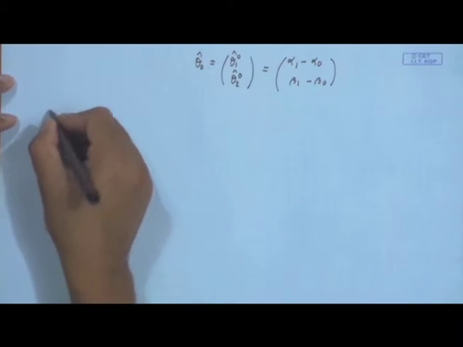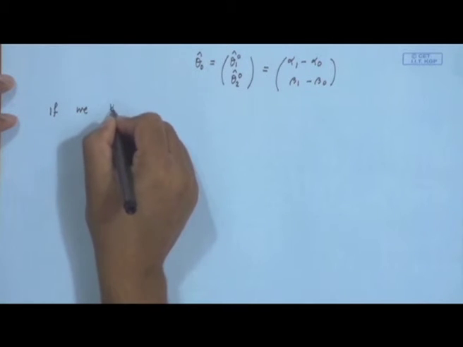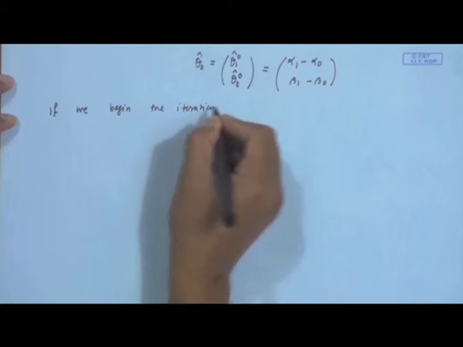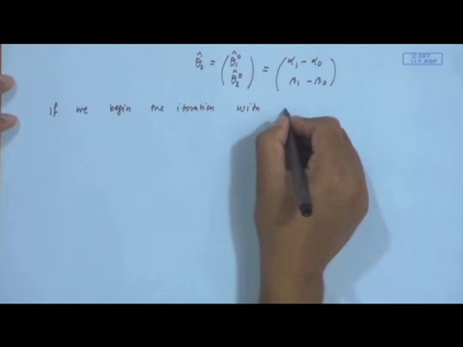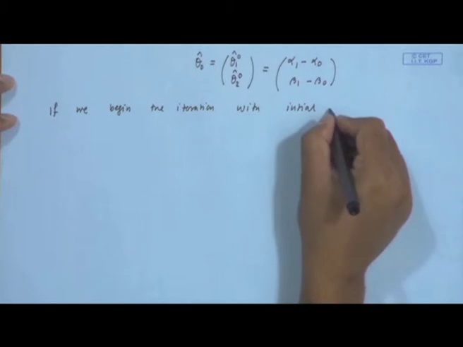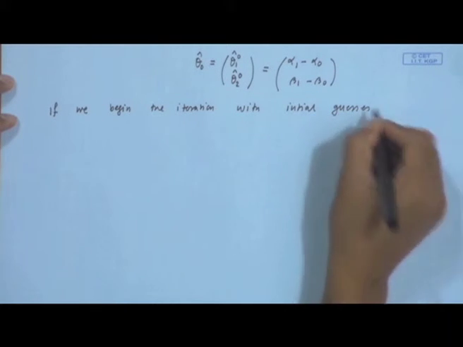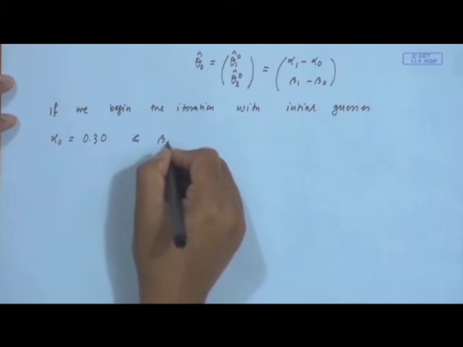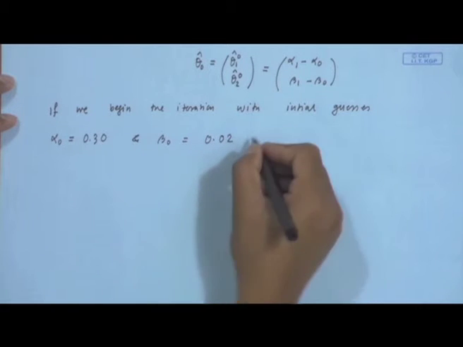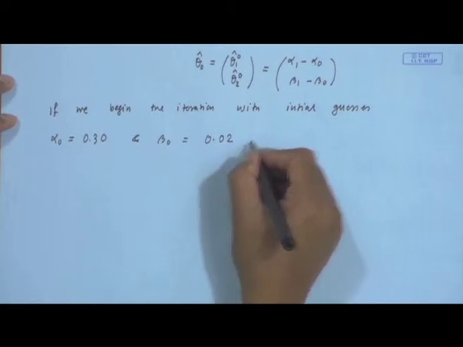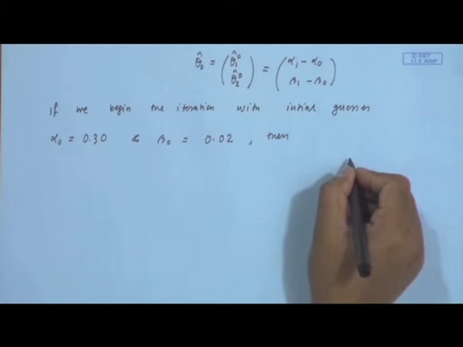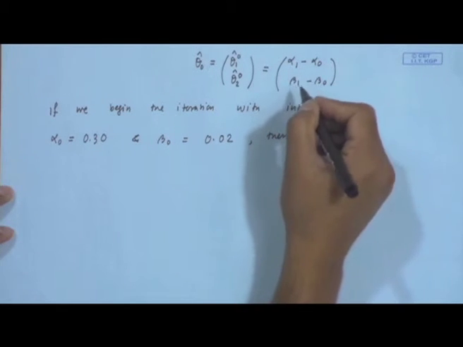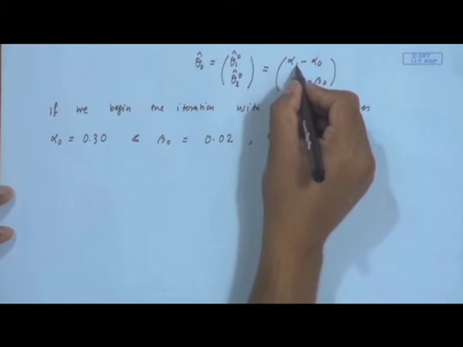Okay. So, what we do is that if we begin the iteration with initial guesses, say alpha naught equal to 0.30 and beta naught equal to 0.02, then iteratively we improve this alpha and beta. Okay.